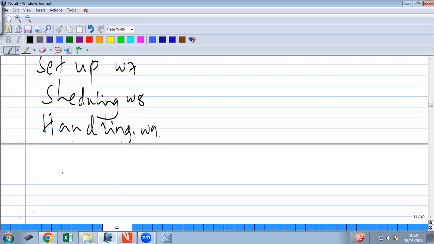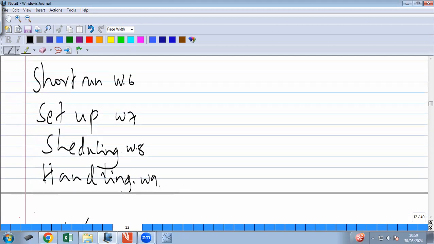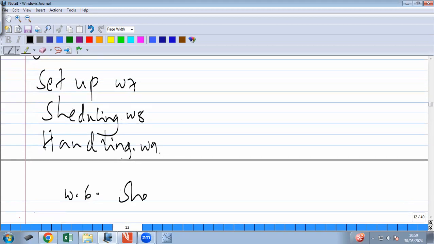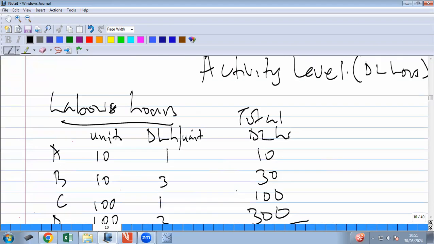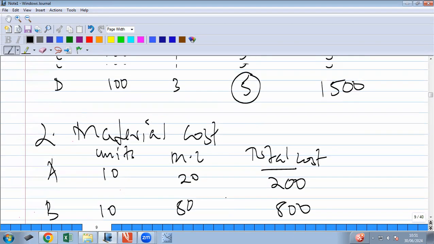The first one is short run costs. Now in the question, they gave us short run variable costs, setup cost, scheduling, and material handling, right? But when you look at our table up here, we need to determine the cost drivers.